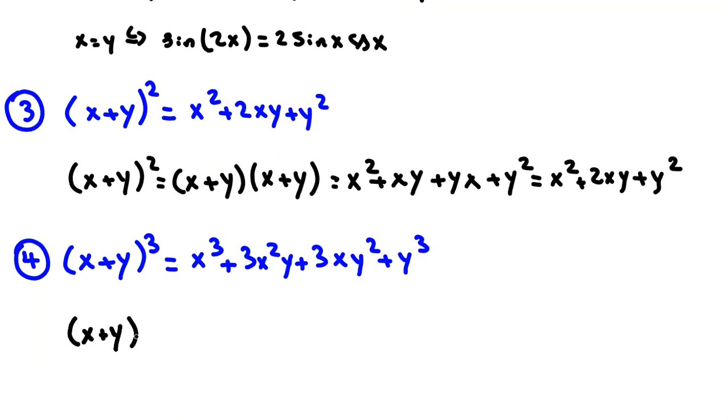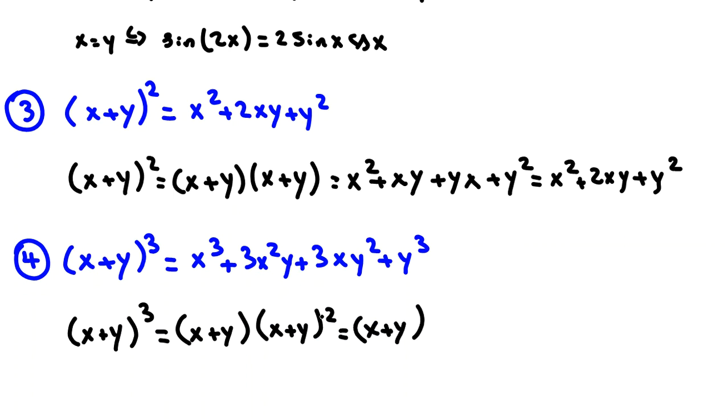So let's prove this. x plus y cubed is equal to x plus y times x plus y squared. x plus y squared will be x squared, from the third identity, plus 2xy plus y squared.